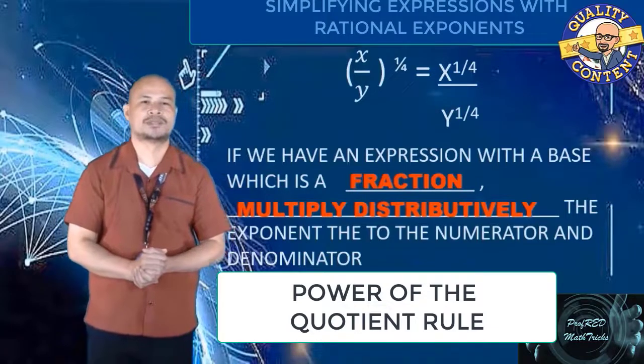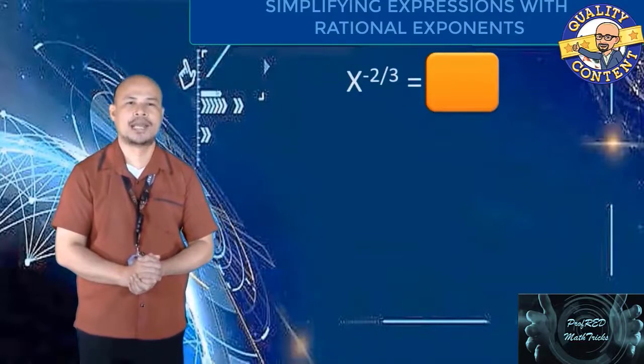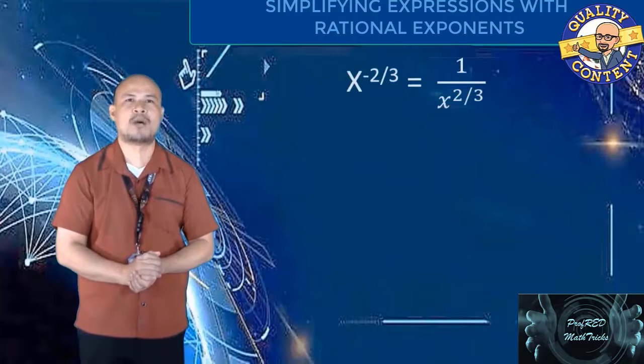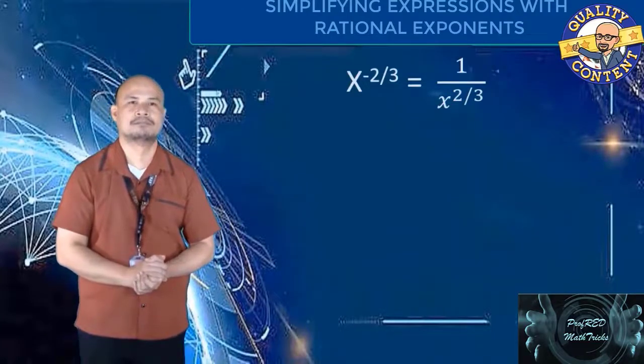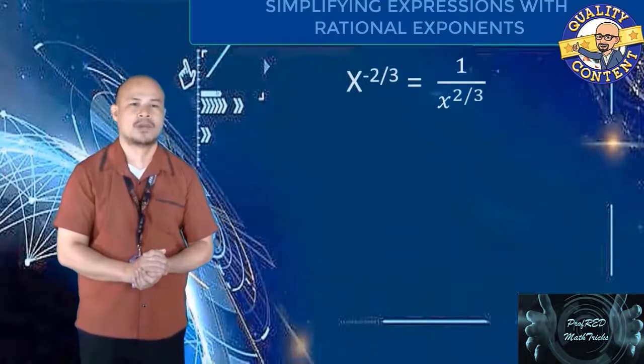Another expression, x raised to the power of negative 2/3, is simply equal to 1 over x to the power of 2/3. How many bases do we have? Is our exponent negative? What did we do with the exponent?